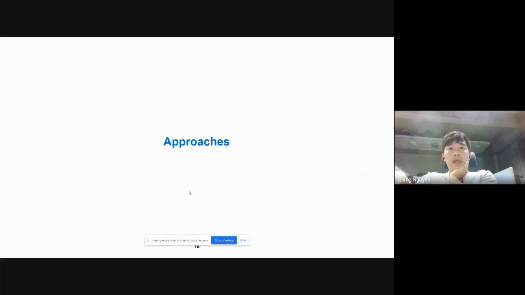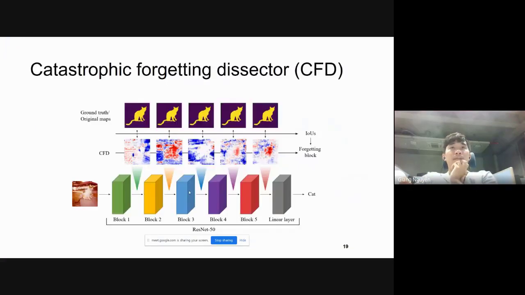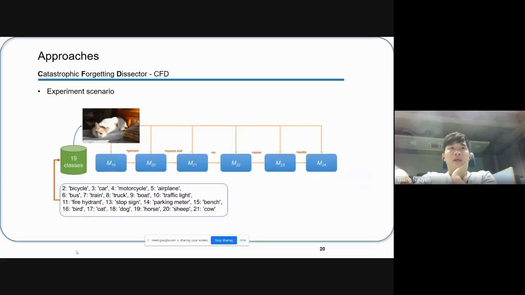For the approach of this work, I propose a tool called Catastrophic Forgetting Dissector, or CFD. In this tool, the input will be the ground truth segmentation of pictures, and we will compare the visualization of the models with each other, and from that you can infer which is the forgetting block. I will come to the details in later slides.